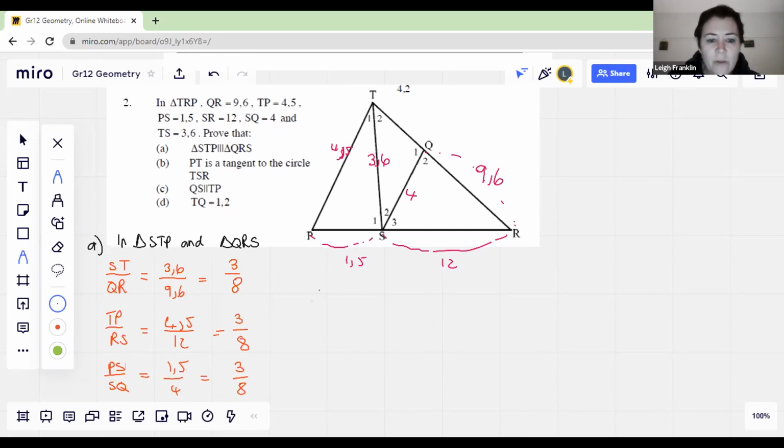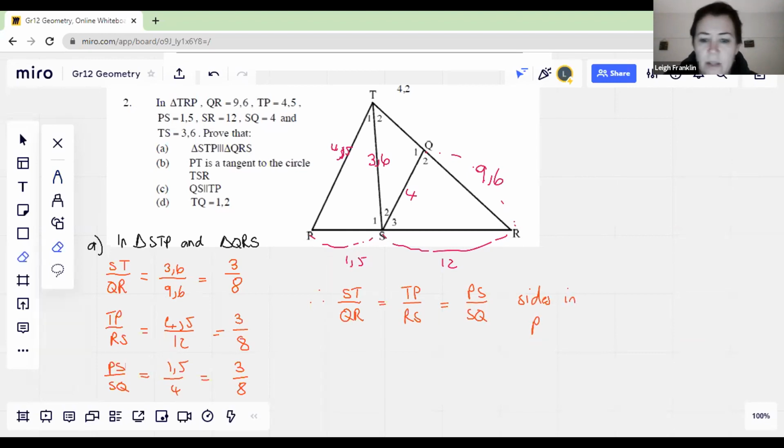And now therefore, matric, we are allowed to conclude what? ST over QR equals TP over RS equals PS over SQ. Oh no, hang on, sorry.